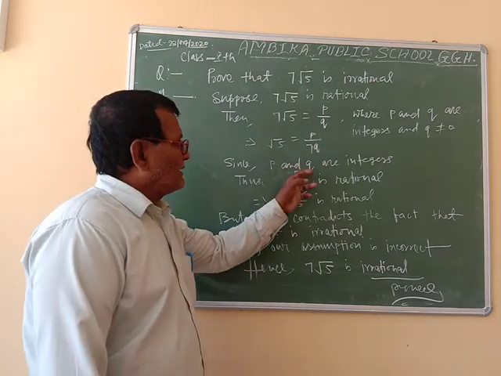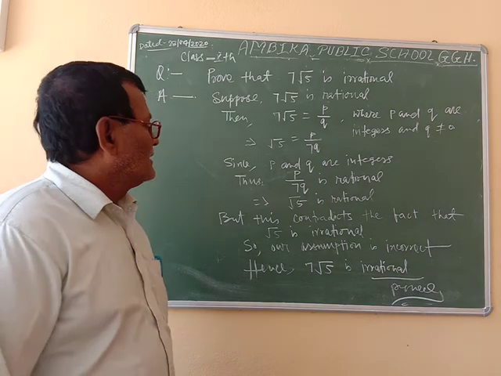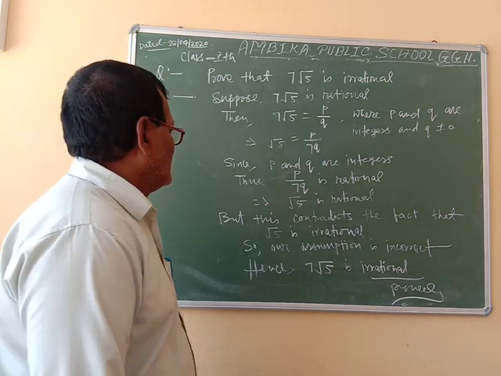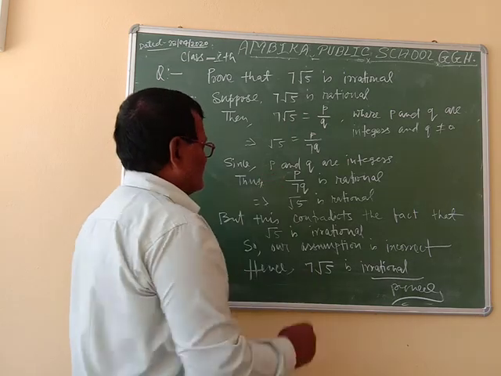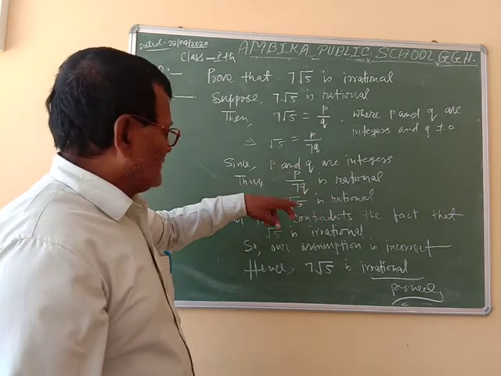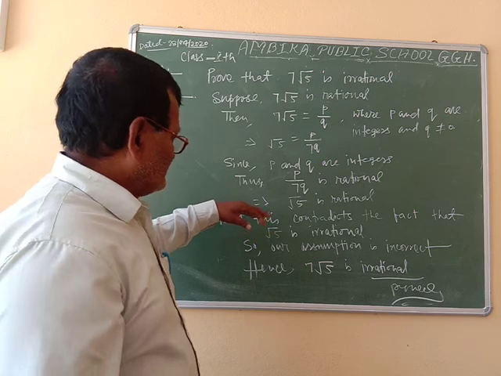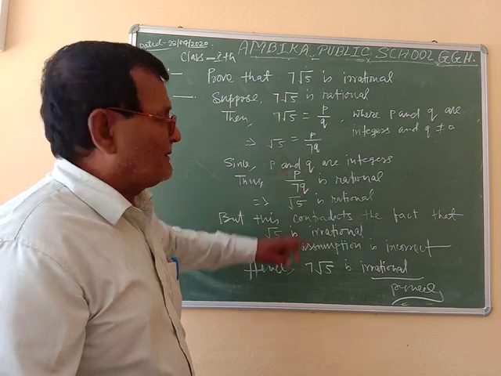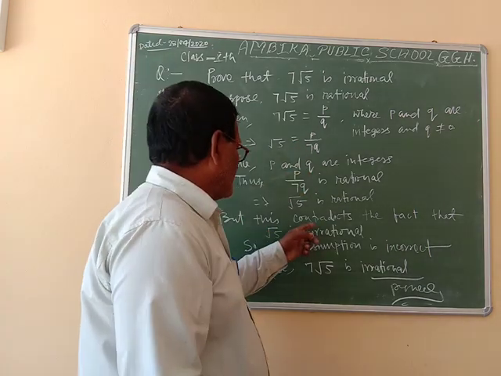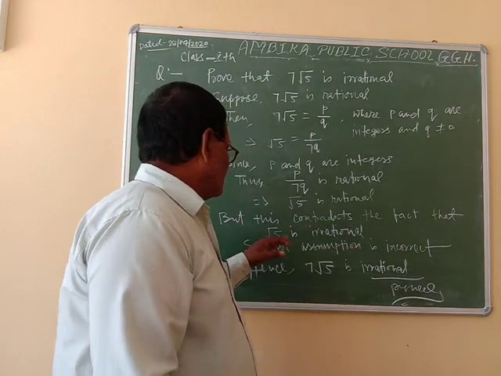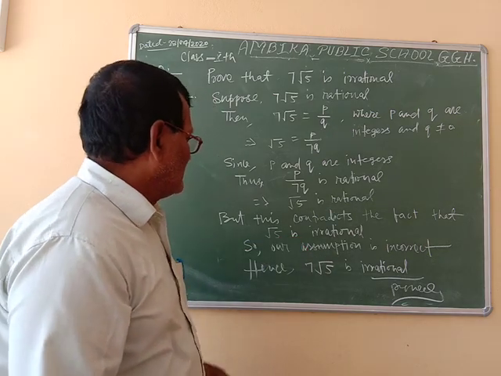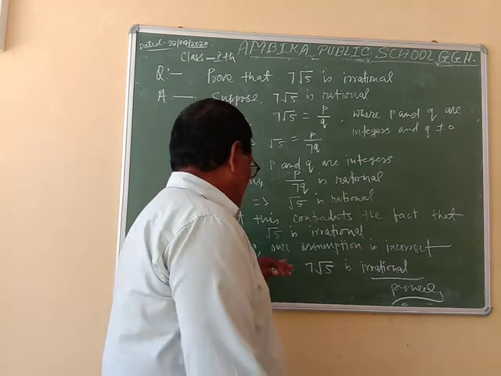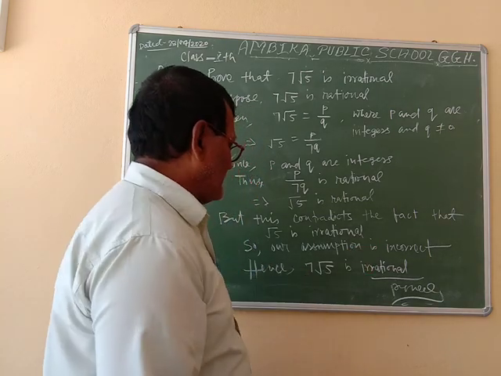Since p and q are integers, p by 7q is rational. If p by 7q is rational, then root 5 is also rational, because root 5 is equal to p by 7q. But this contradicts the fact that root 5 is irrational. So our supposition is incorrect. Hence 7 root 5 is irrational.